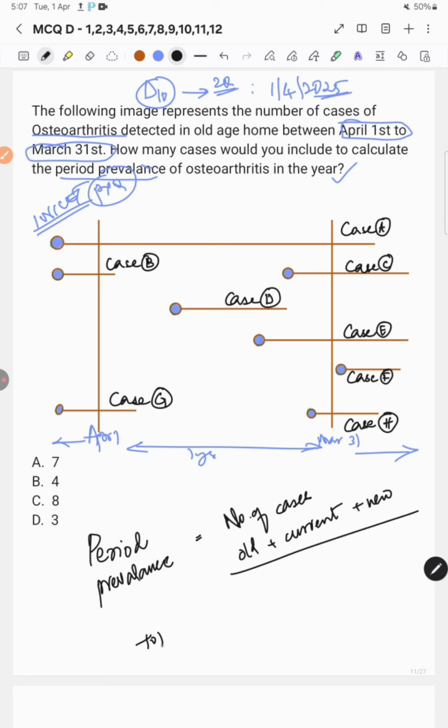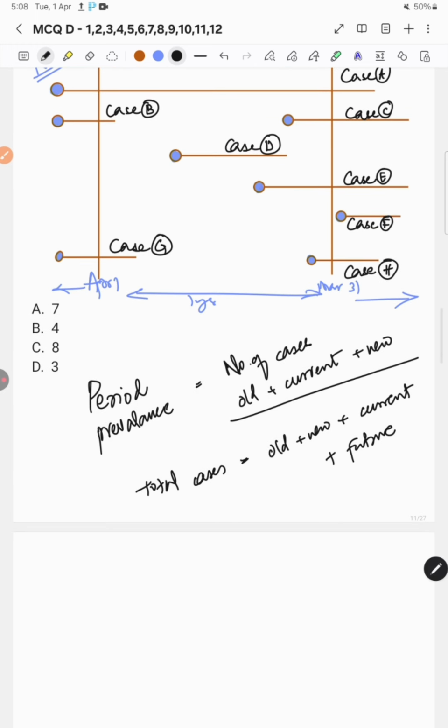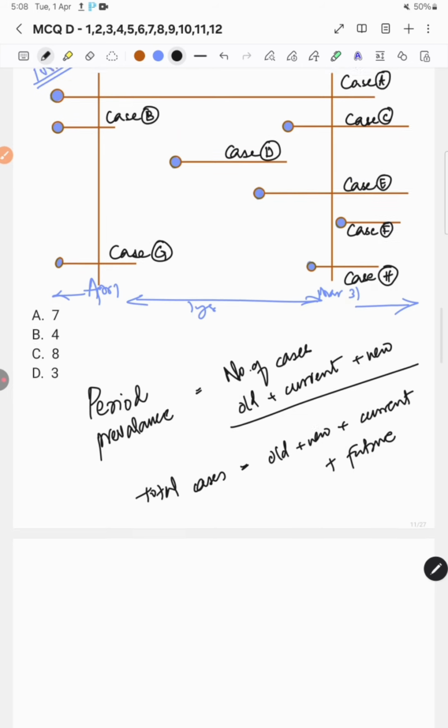If they ask total cases, simply total cases, it is old plus new plus current, then future cases or the following cases. Okay, that is total cases. Got the concept? Now we are going to substitute them. What is period prevalence now? Number of cases old, current and new.